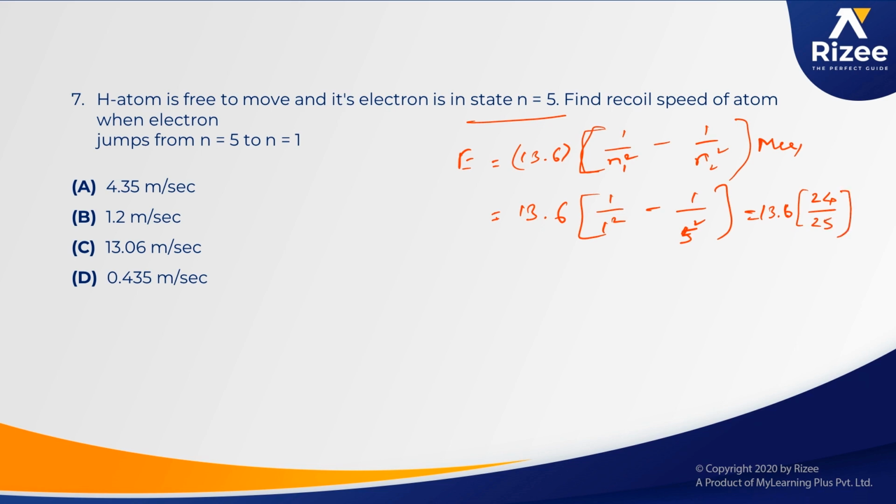So on solving this one, you can find the energy value. Since it's an energy of the electron released from this one and there is no external force, according to the law of conservation of momentum, whatever the energy released should be equal to the recoil.